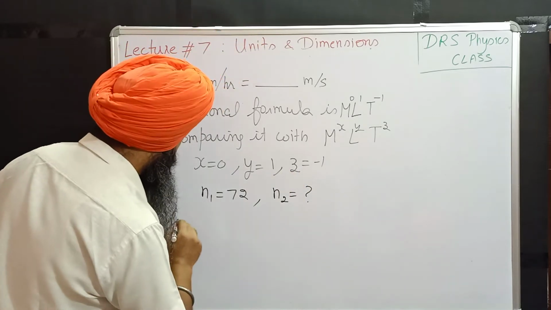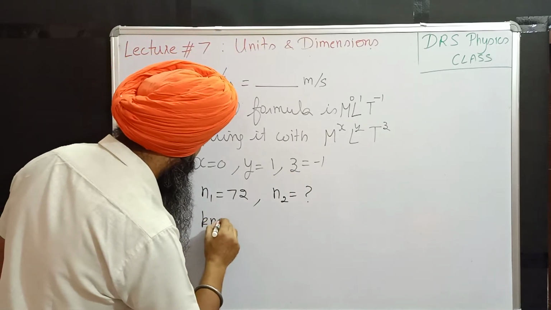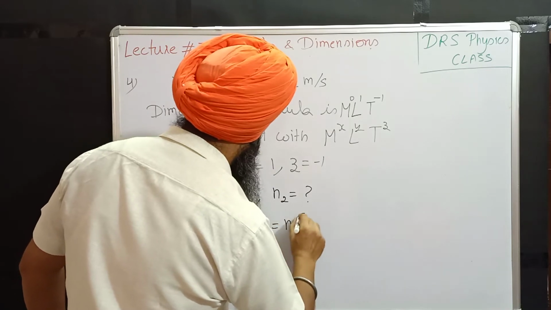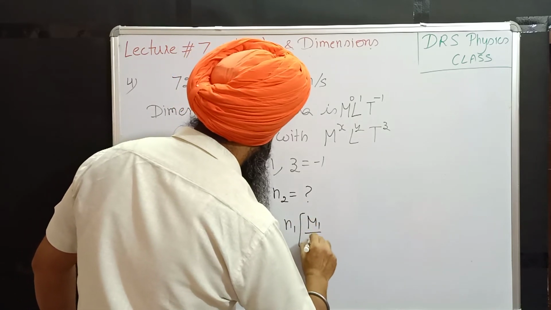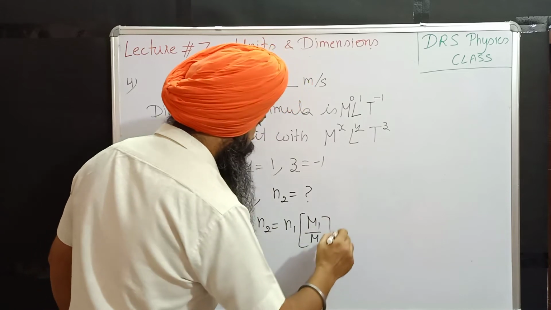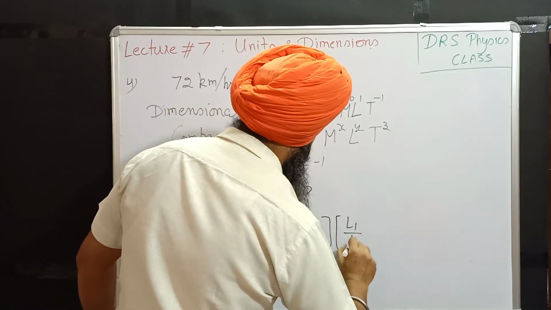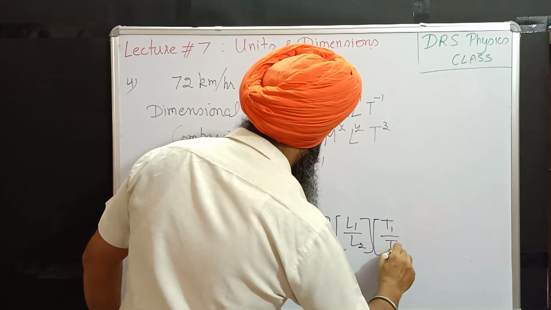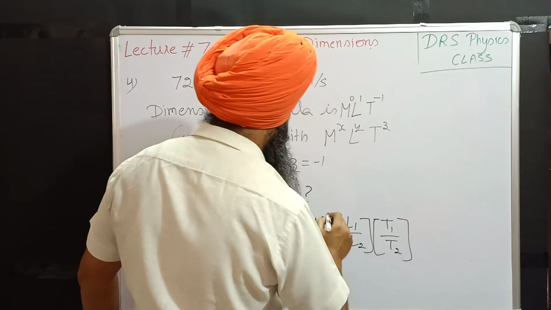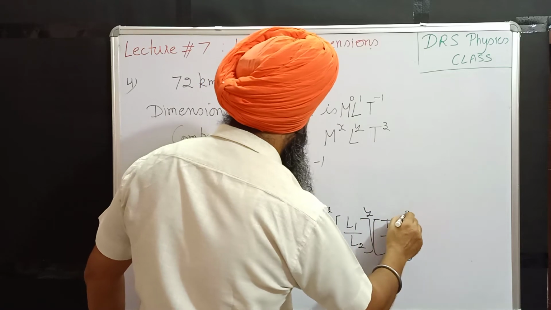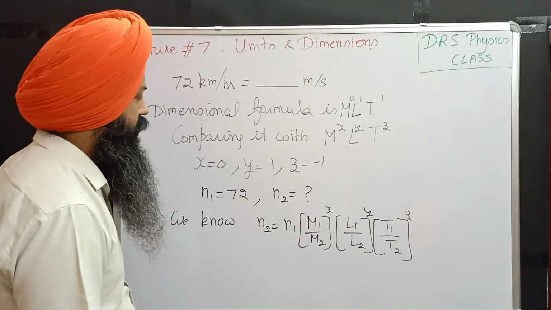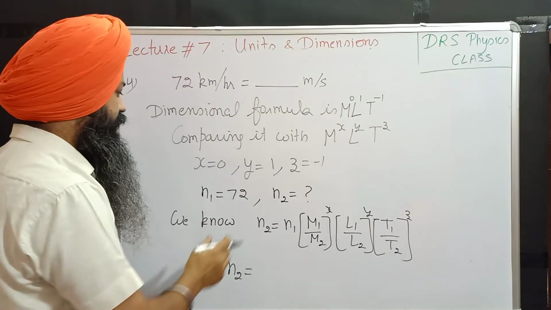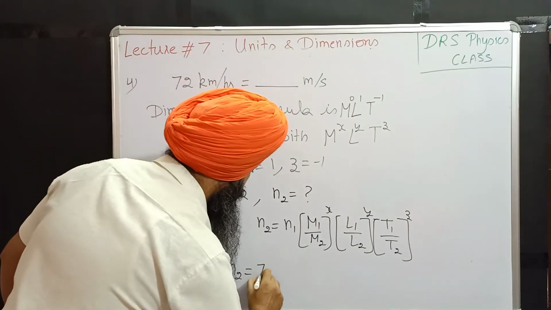We know that n2 is equal to n1, same steps, m2, L1, L2, T1, T2, X, Y and Z. So filling these values, n2. What is n1 here? 72.